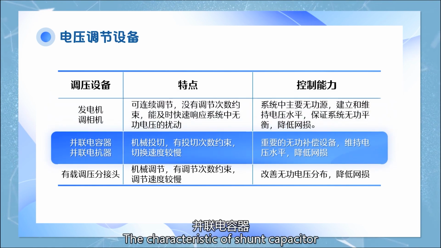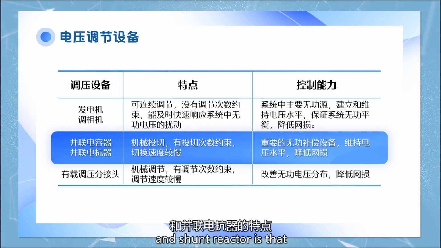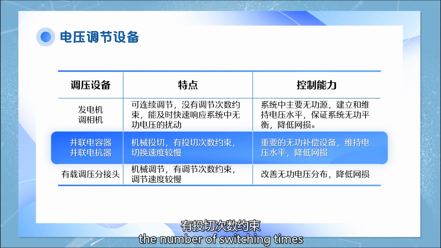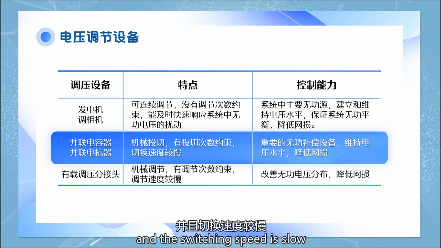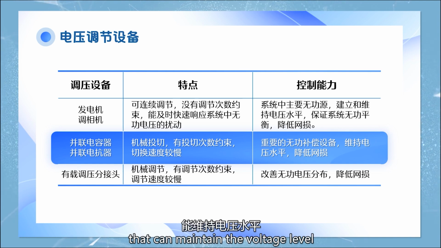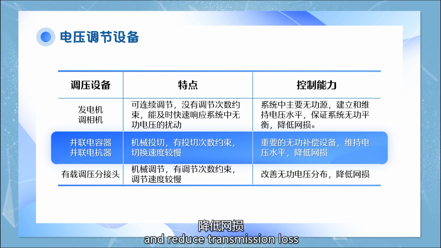The characteristic of shunt capacitors and shunt reactors is that they belong to mechanical switching, with a constraint on the number of switching times, and the switching speed is slow. They are important reactive power compensation equipment that can maintain the voltage level and reduce transmission loss.